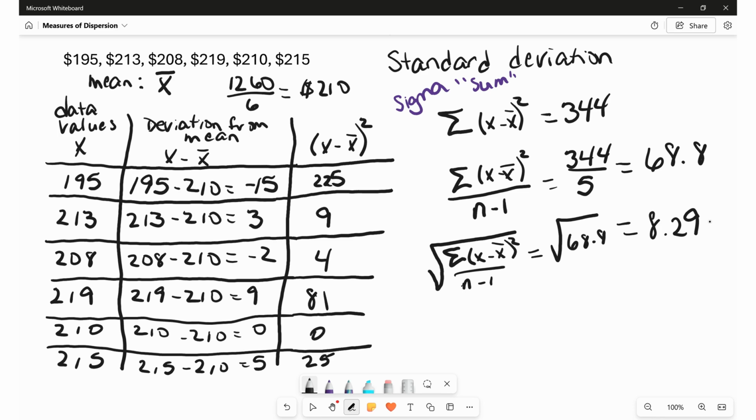So what this basically tells us is how tightly packed or how loosely packed our data is. When we're talking about hundreds of dollars and a standard deviation of $8.29, basically, all of those prices are pretty close together. And we can see that with such a small data set. Standard deviations really come in handy when we have a very large data set. And that's what we're going to take a look at next.